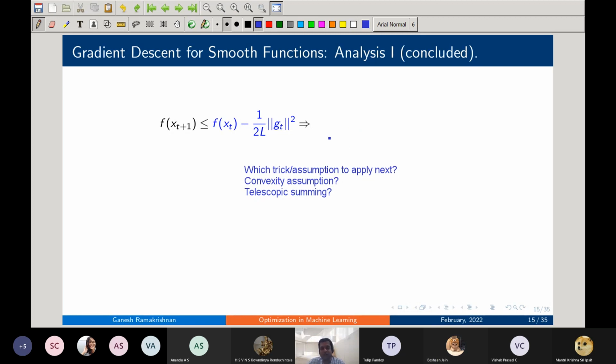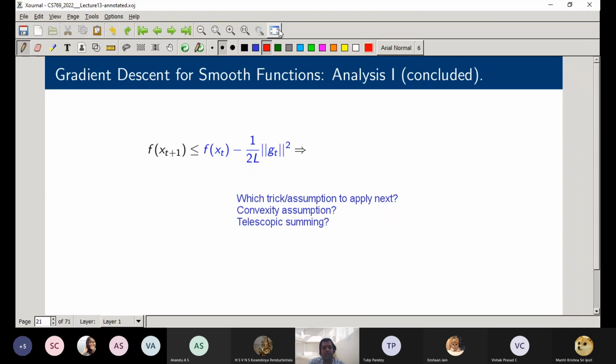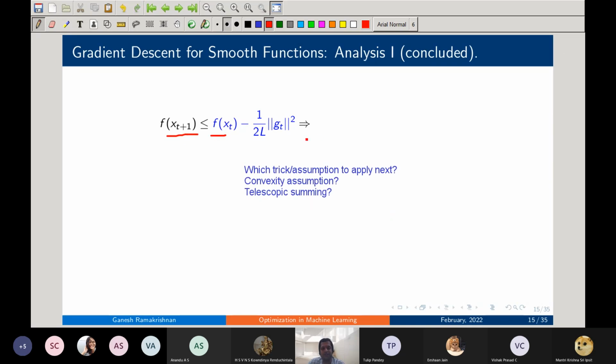You can try both ways. I'm going to go by telescopic summing because I find it a lot more intuitive here: f of x_{t+1} can get cancelled with f of x_t of the next iterate, or rather f of x_t can get cancelled with f of x_{t+1} from the previous iterate. So what I can do is summation. First I'll bring f of x_{t+1} and f of x_t to the same side for ease of operations.